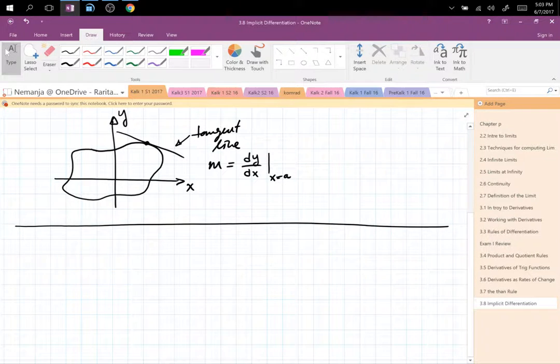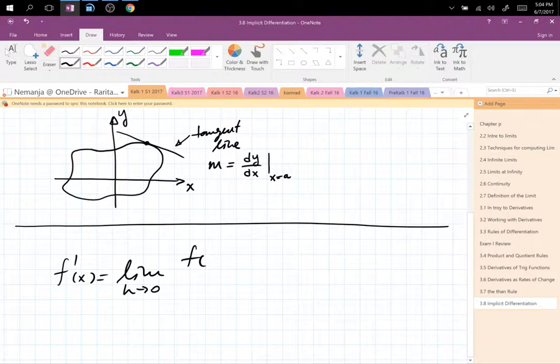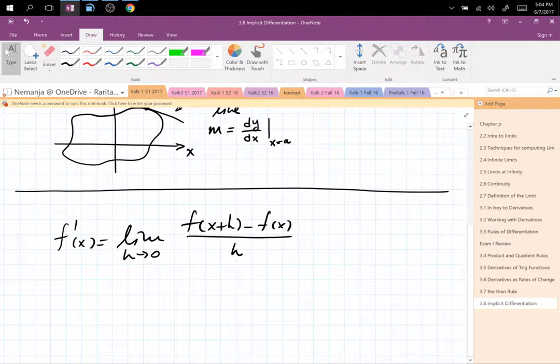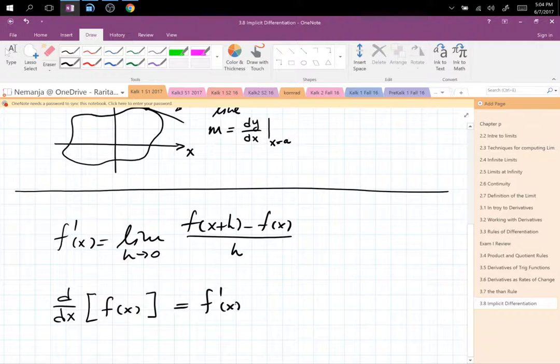Before we start, I want to one more time talk about notation for the derivative. We know that we define the derivative through that limit that we are not using because we learned all the shortcuts. So that's the first concept. Then we say that if you take the derivative of f of x, you will get f prime.